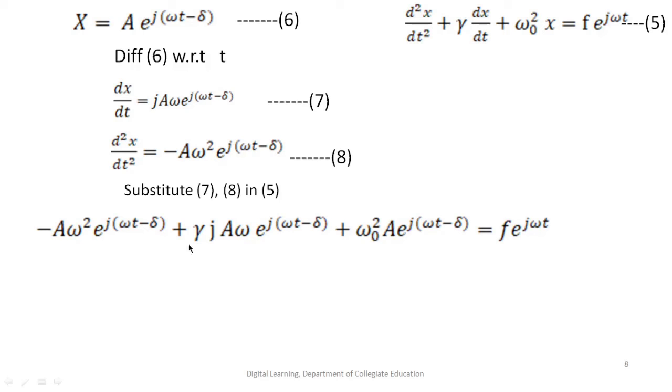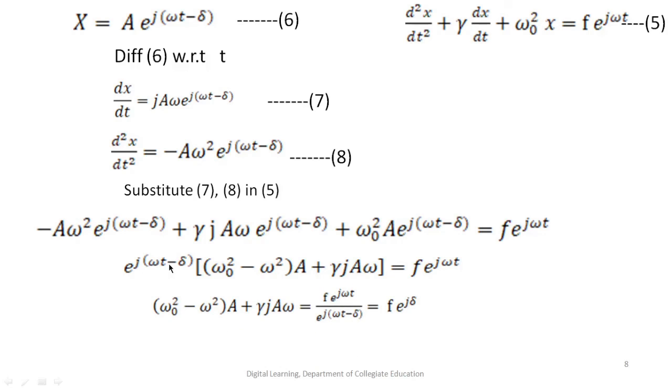So in the three terms, the common factor is e power j omega t minus delta and also a. Taking common e power j omega t minus delta into a, we get omega naught square minus omega square, and a is also common for these terms, plus nu into j a omega, is equal to f e power j omega t.